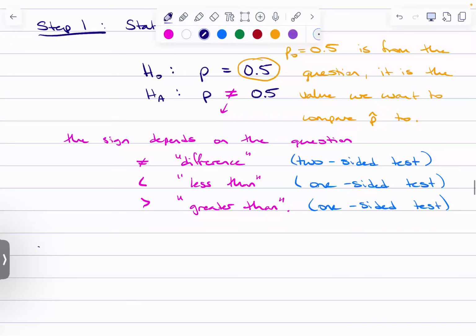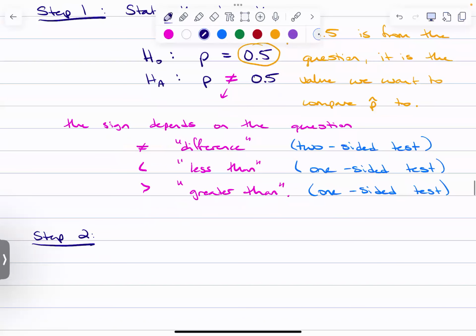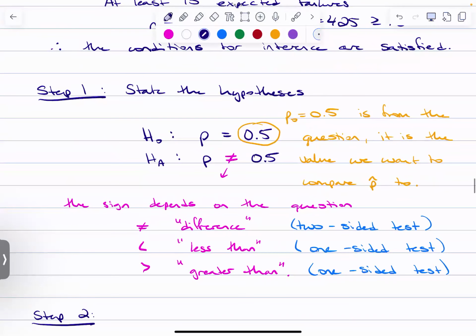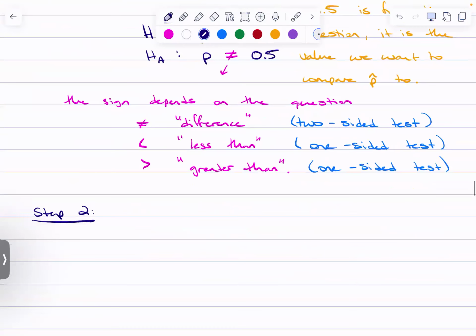How about the next step? Step 2, we haven't seen yet. This is technically where we're going to calculate the test statistic, which is hard to say. But we're going to calculate the test statistic.